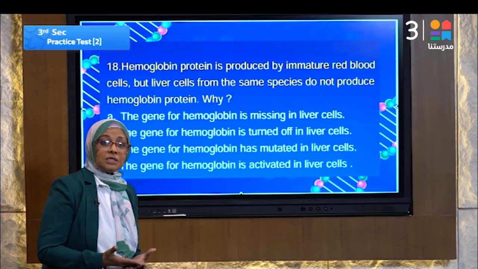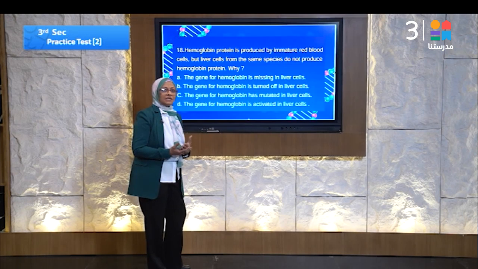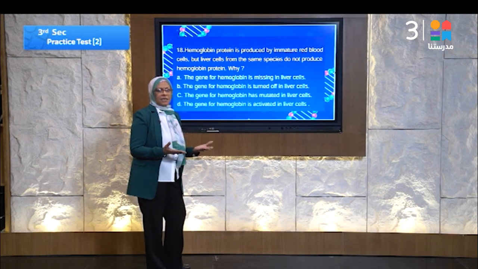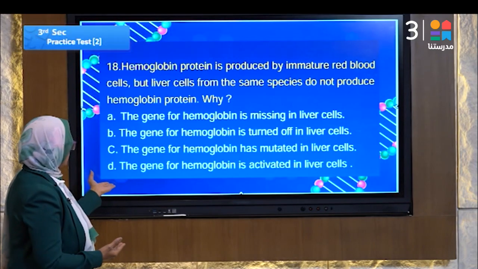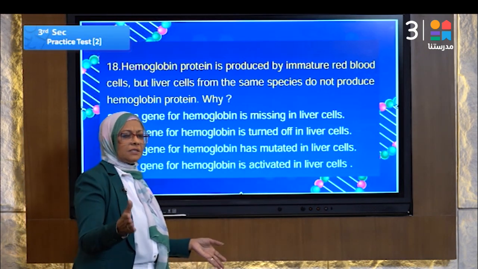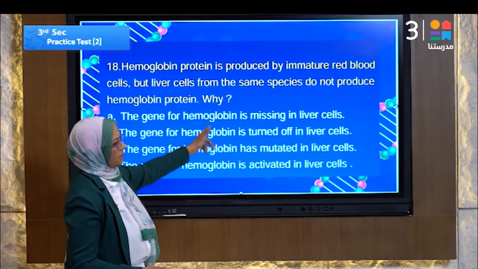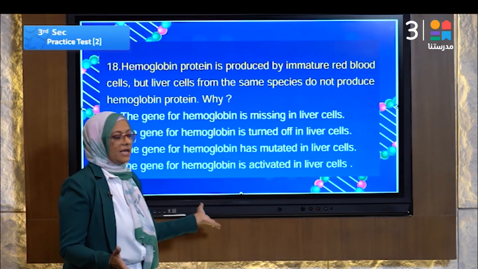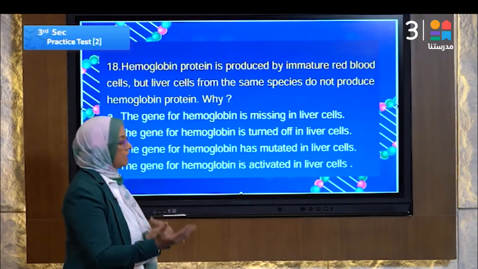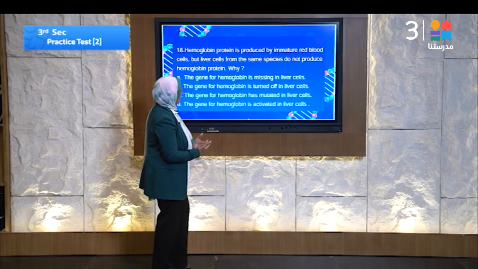Mutation is a change in DNA in any way. Let's go. D. The gene for hemoglobin is activated in the liver cell. Activated is not suitable for not producing hemoglobin protein. Activated means increasing the number of hemoglobin and the production of this hemoglobin.